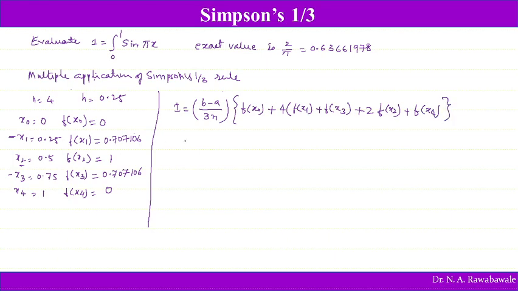So now we can substitute all these data into this. b minus a, b is 1, a is 0, divided by 3 into n. We have divided it into 4 segments, n is equal to 4.